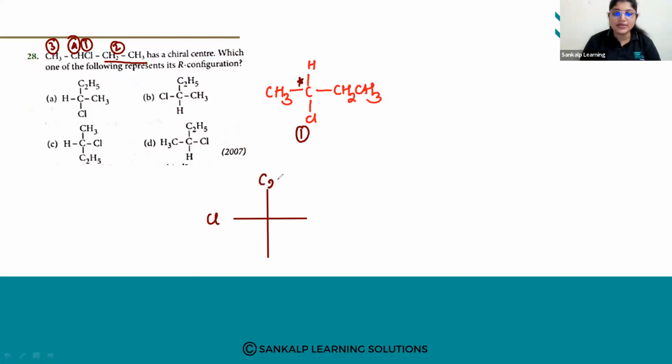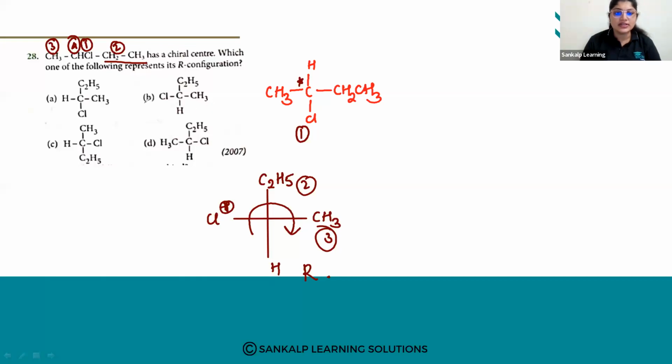So second will be C2H5 here. Then the third will be the methyl group, and the fourth will be hydrogen. So this is 1, then this will be 2, and this is 3. When it goes in the anti-clockwise direction, then it is said to be the R configuration.